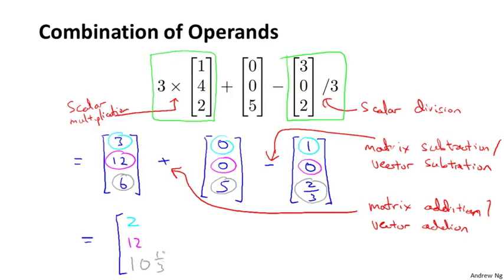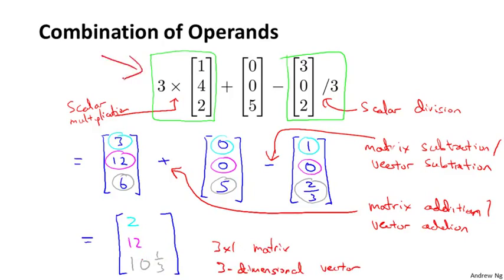And I'm going to close my square bracket. So this gives me a 3 by 1 matrix, which is also just called a 3-dimensional vector, which is the outcome of this calculation. So that's how you add and subtract matrices and vectors and multiply them by scalars, or by real numbers.